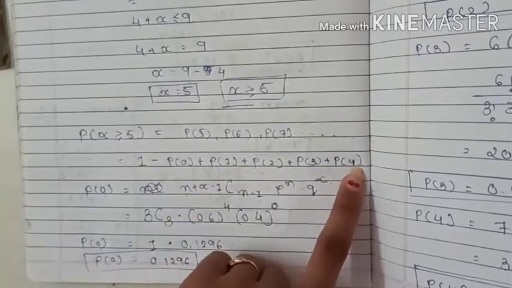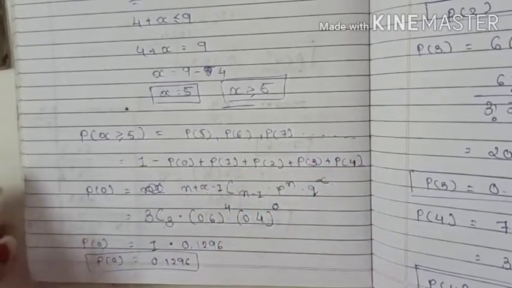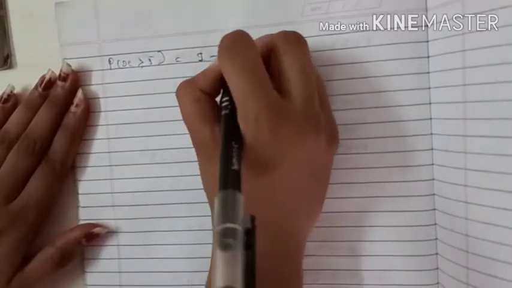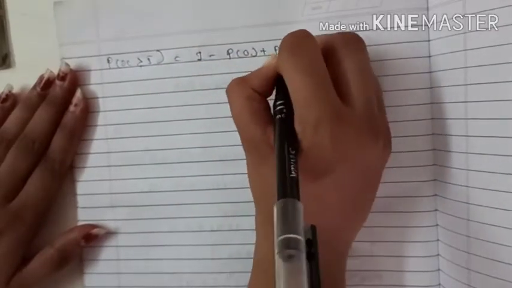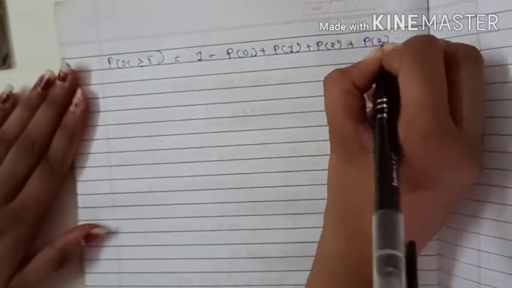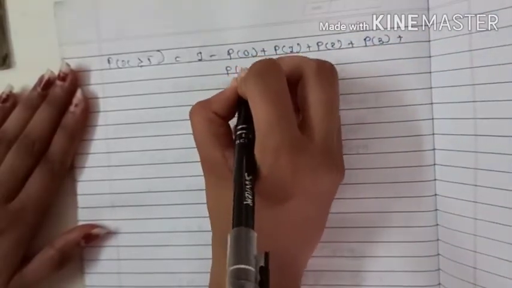All of these values we have to calculate. P of X greater than or equal to 5 will be 1 minus (P0 plus P1 plus P2 plus P3 plus P4).